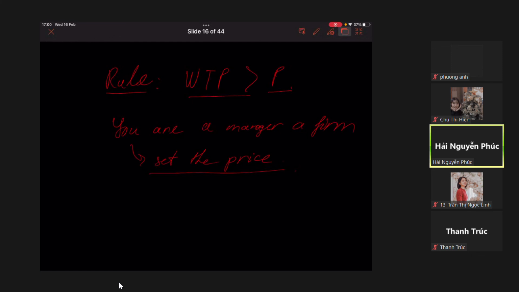You have to learn about the willingness to pay of the buyer and set the price to be equal or lower than the WTP of the buyer.